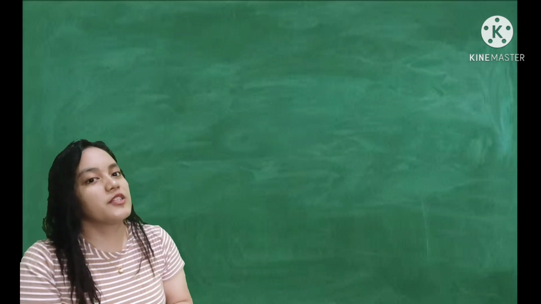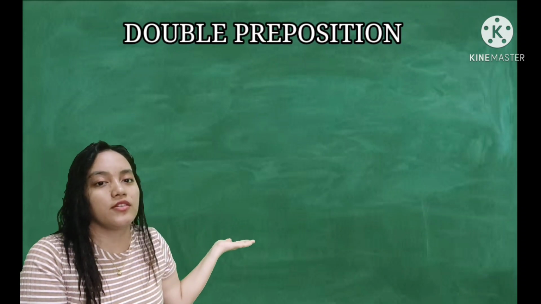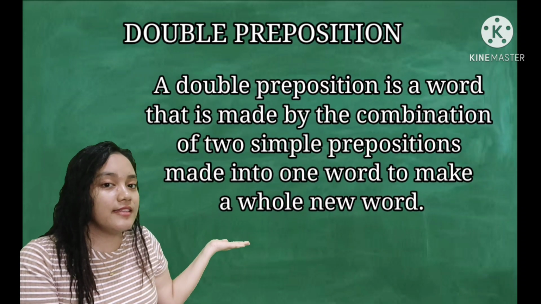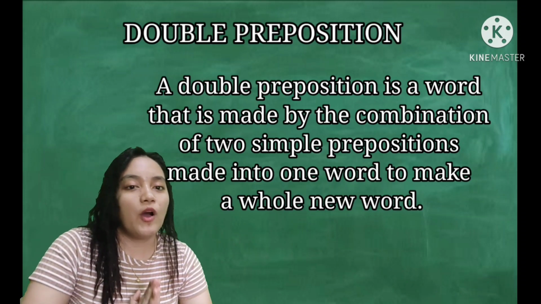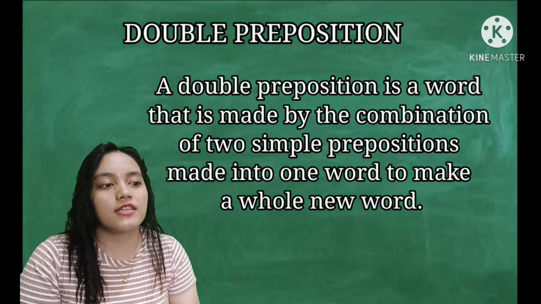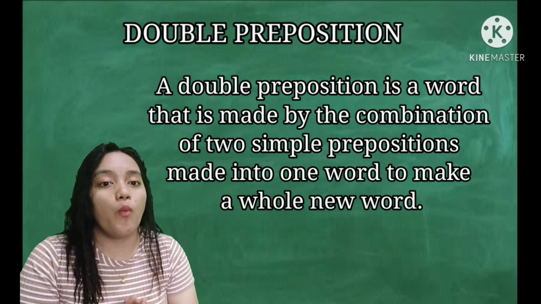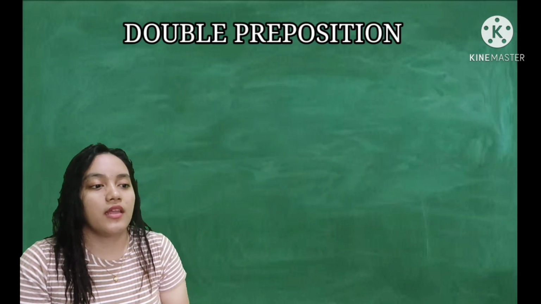So now, let us proceed to the next type of preposition, the double preposition. It is defined as a word that is made by the combination of two simple prepositions made into one word to make a whole new word.